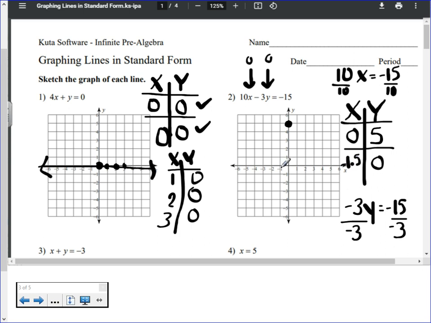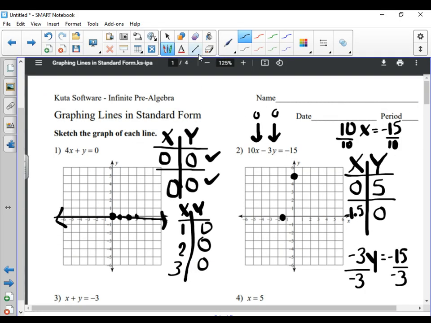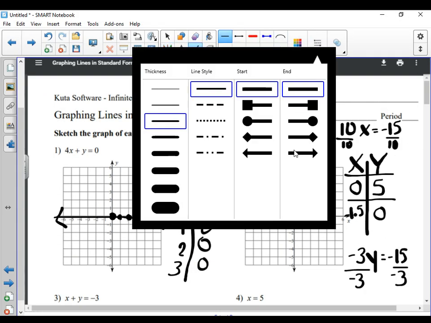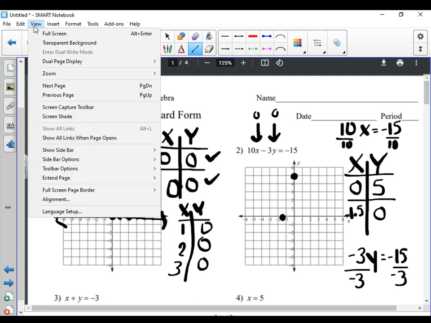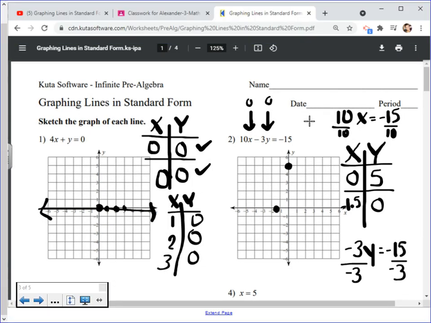You want to go negative 1.5, which is right in between negative 1 and negative 2, and you don't want to go up or down anything. So now I have got my 2 points. I am going to connect those 2 points with a line. I'm cheating because I have an actual line on my computer, but you just need to draw a line.